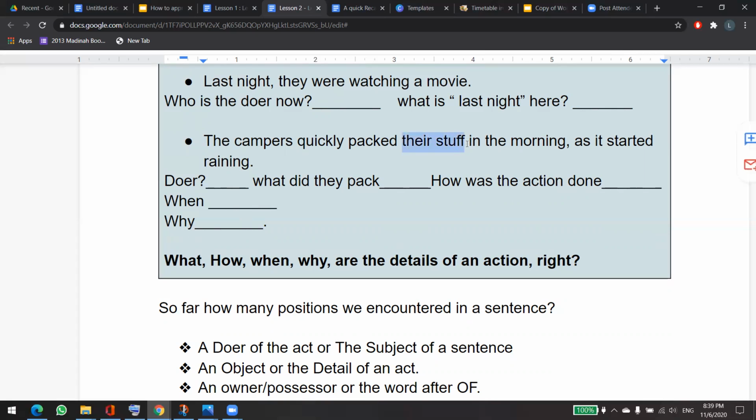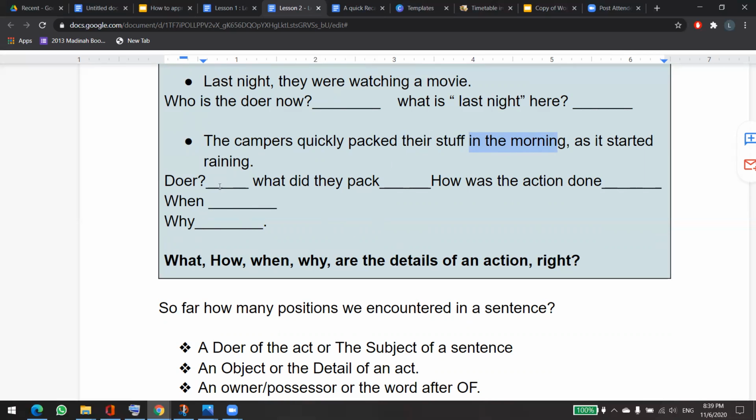Detail about the action. When did they pack? In the morning. Again, detail about the action. How did they pack? Quickly or abruptly or slowly? Answer to how. Quickly. So again, a detail.